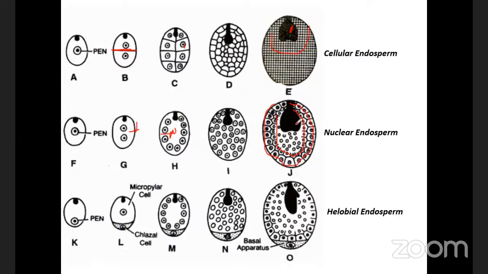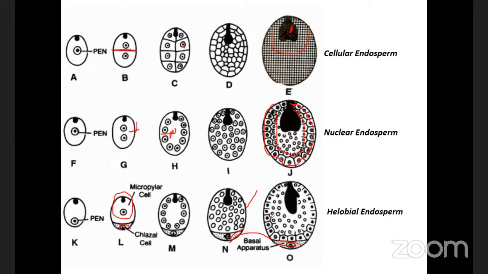And in helobial endosperm, in the first division, at the micropylar side nucleus, cell division does not take place immediately after nuclear division. Whereas at the chalazal end, immediately after nuclear division, the cells also divide. So it forms both types, cellular and nuclear, in the single embryo sac.